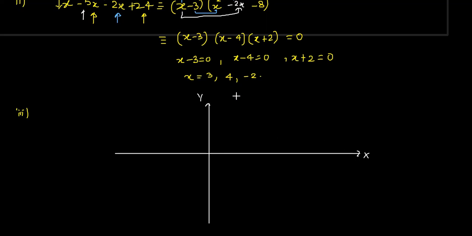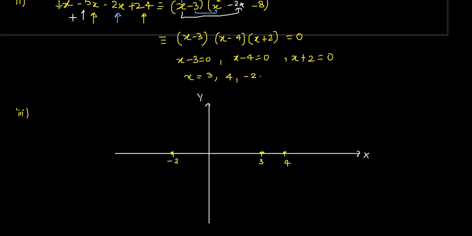Now these are the points of intersection of the curve with the x-axis. So just locate this -2 here. If this is -1, let us say this distance is -2, and this is 3, and this is, let us say, 4. These are the points of intersection of the curve with the x-axis, means these are the roots of the equation p(x) equal to 0.